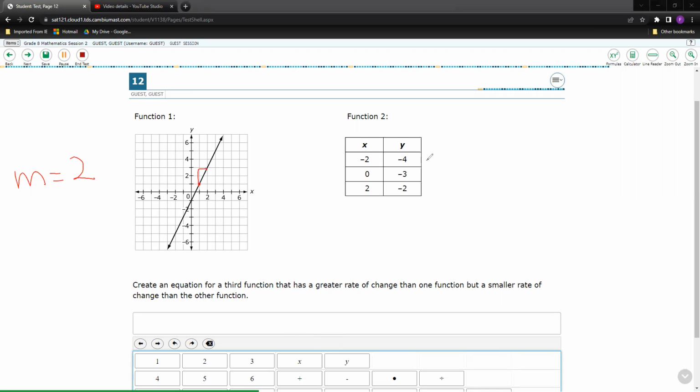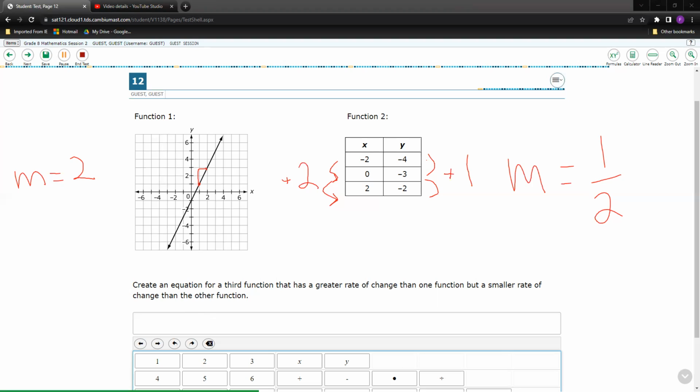Over here, following the pattern, this one is going up by 1, while this one is going, sorry, going up also, going up by 2. So the slope on the second function is 1/2. I just need to write an equation that has a slope between 1/2 and 2.